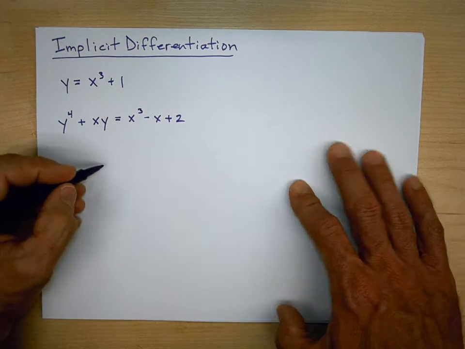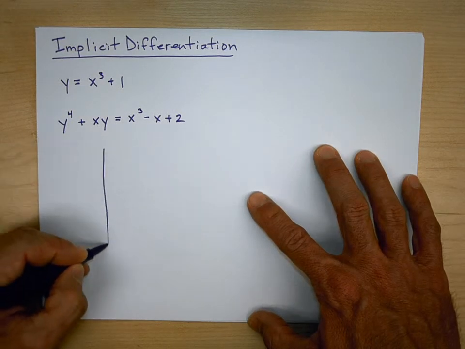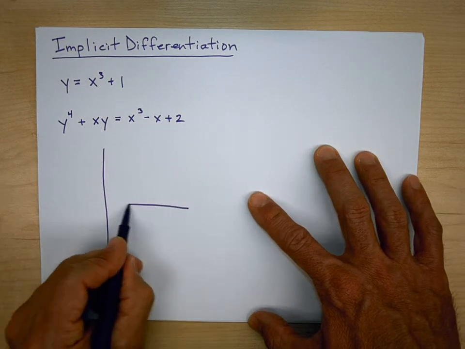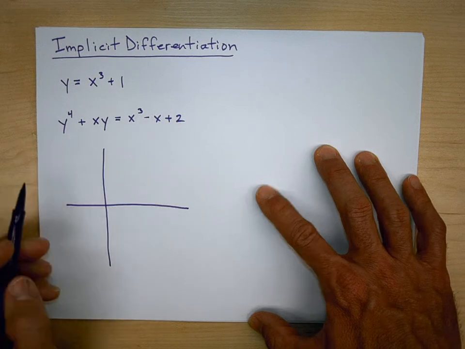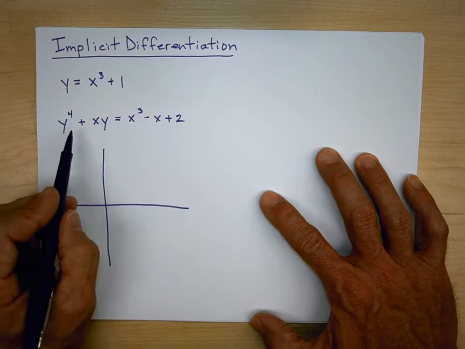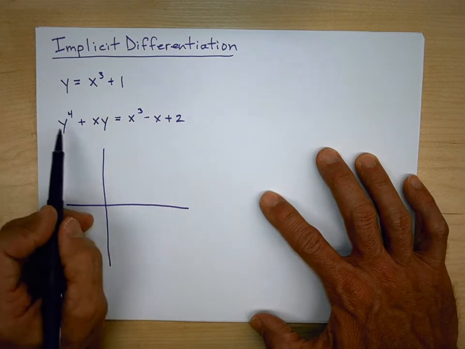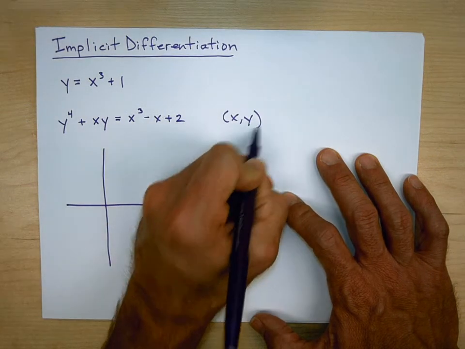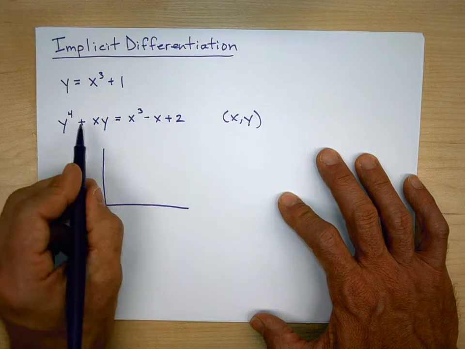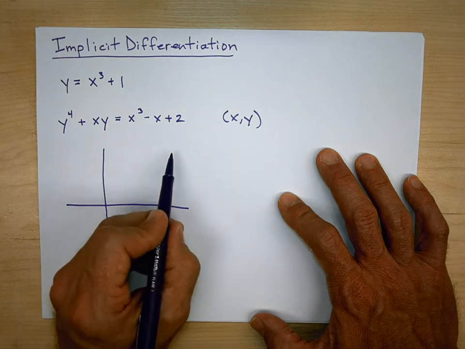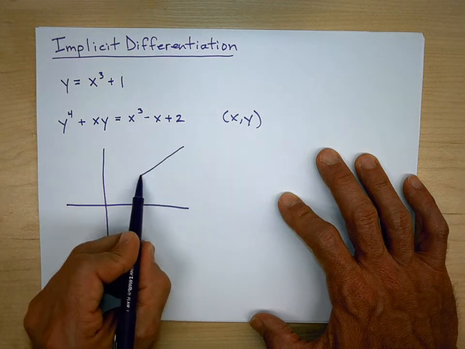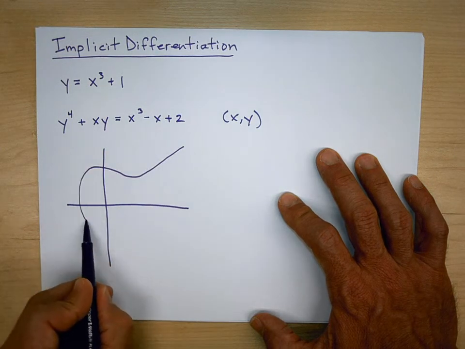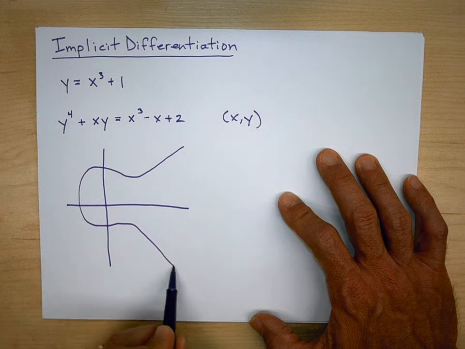Let me sketch a quick graph of the curve that is traced out. What we're looking for are all points x, y that satisfy this equation. You would end up with something that comes in, dips down, comes around, and comes back like this.